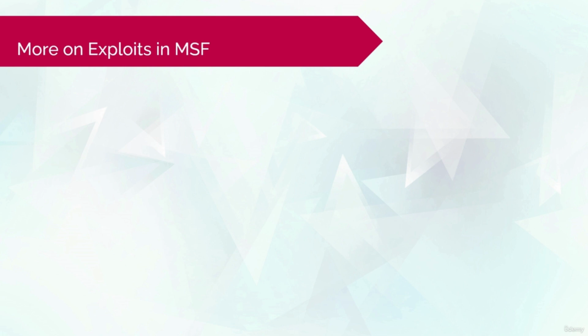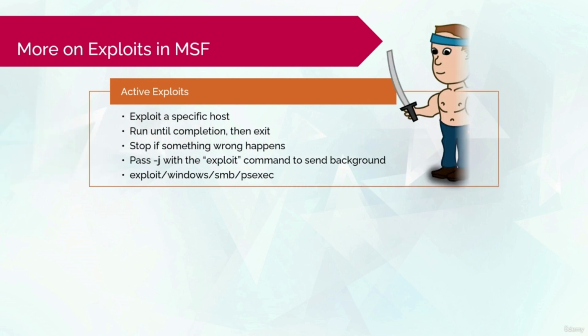Sometimes you're going to hear words like active exploit or passive exploit, right? Basically, exploits in the Metasploit framework are divided into 2 categories, active or passive. So, what does that mean to you? Active exploits will exploit a specific host, run until completion, and then exit.